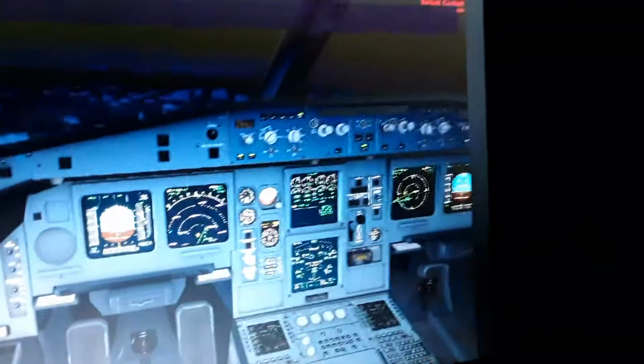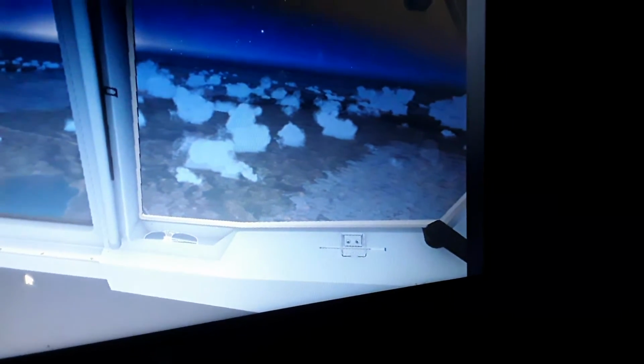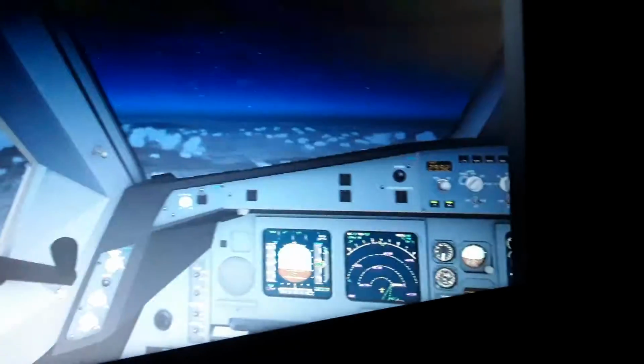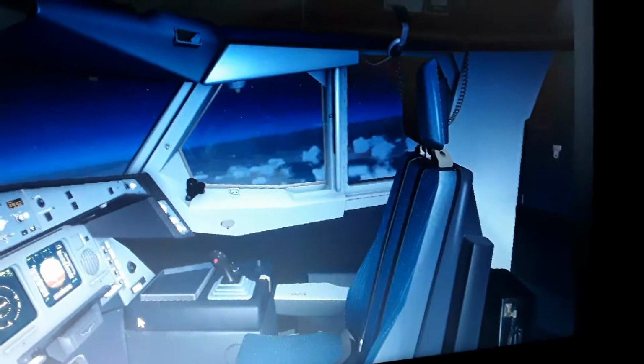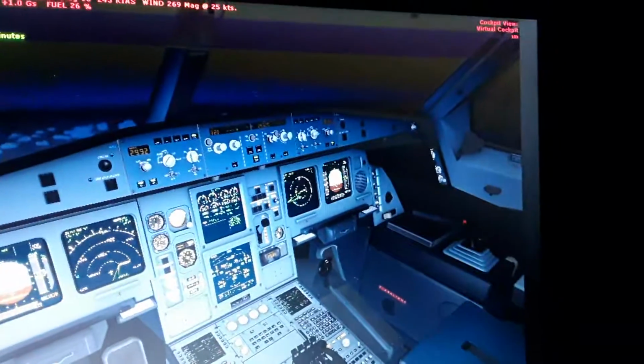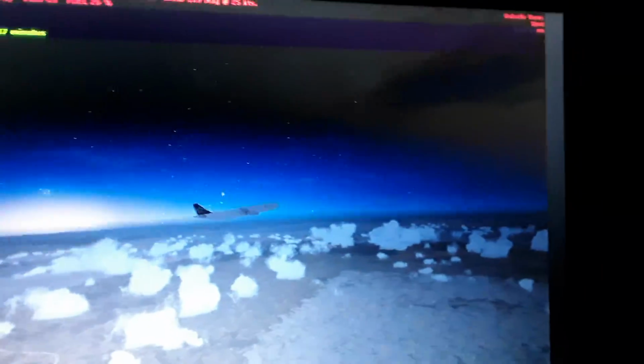You can have an outside view right now. We have maybe 17 more minutes to go for this flight. I'm gonna start turning back to the airport in a while.